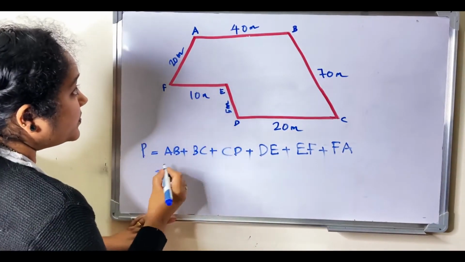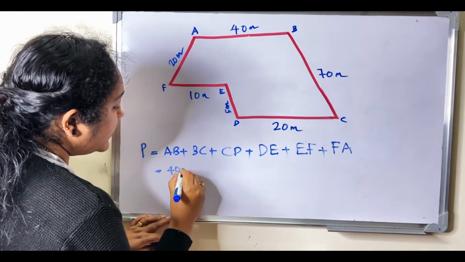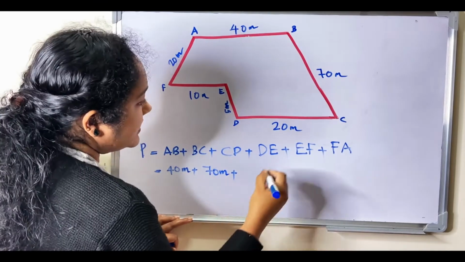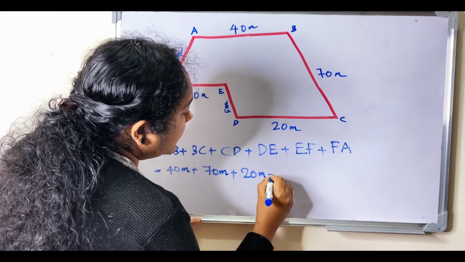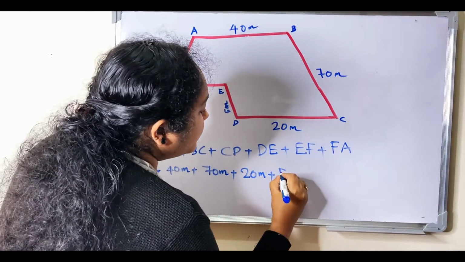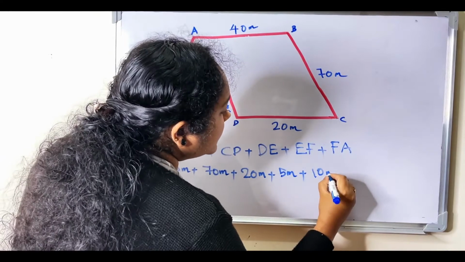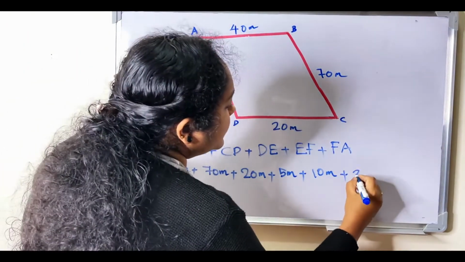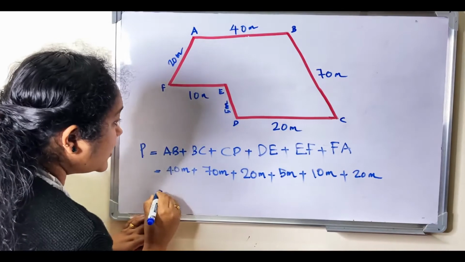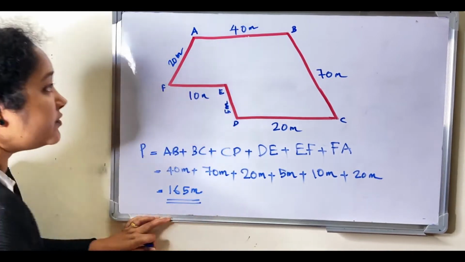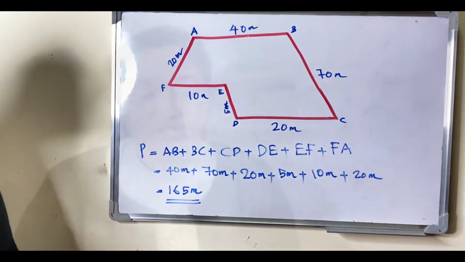That is equal to AB is 40 meter plus BC is 70 meter plus CD is 20 meter plus DE is 5 meter plus EF is 10 meter plus FA is 20 meter. That is equal to 165 meter, the perimeter of this closed figure. So to find the perimeter of a closed figure, add the sides of the figure.